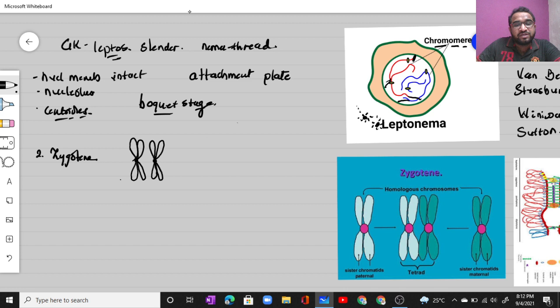Suppose this is chromosome number 1, it will pair with its chromosome number 1 partner. If this is chromosome number 2, it will pair with its chromosome number 2 partner.